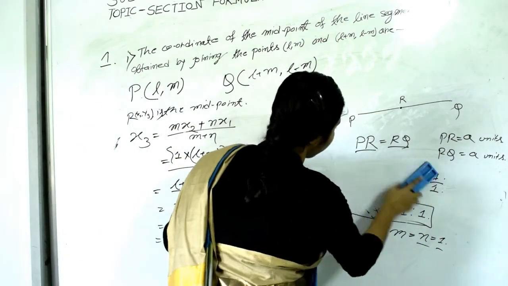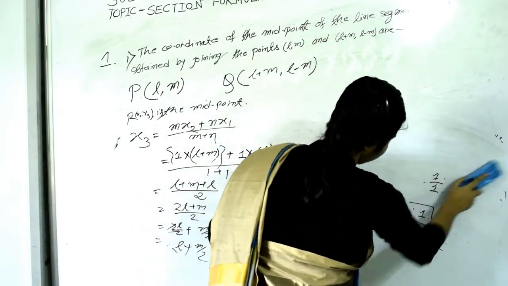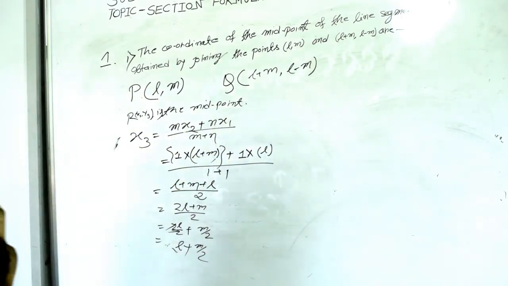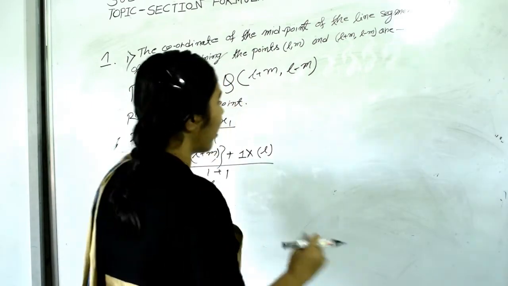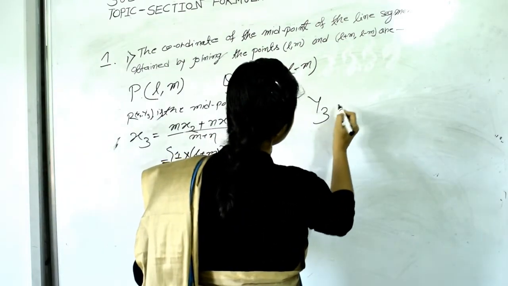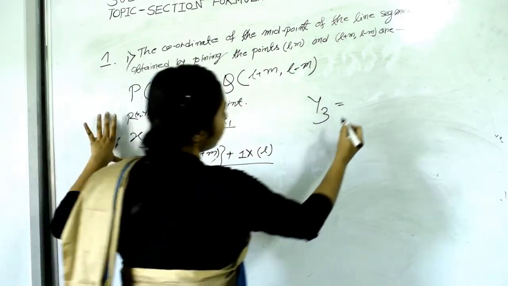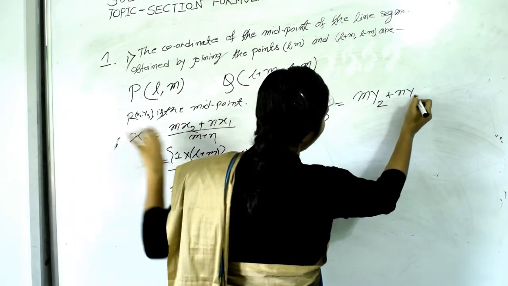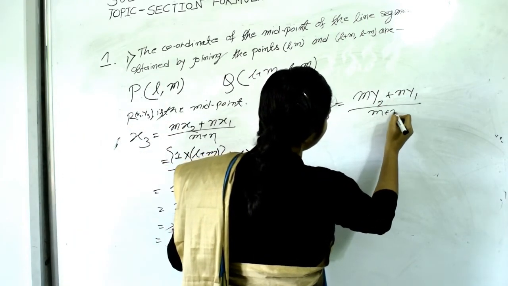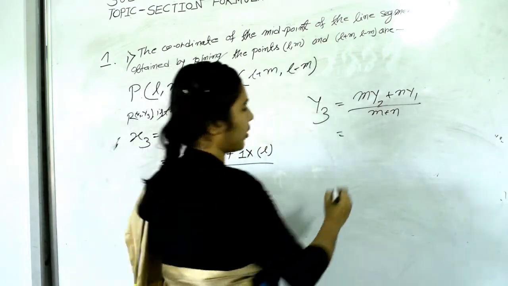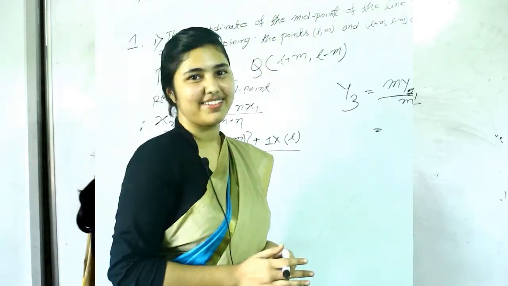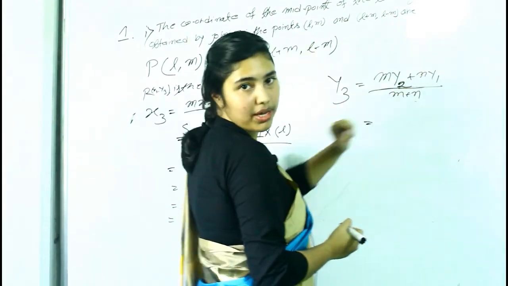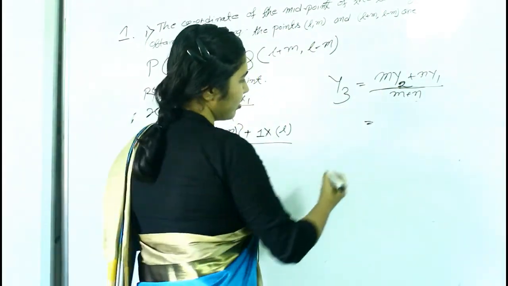Next we have to calculate the value of y3, which is the ordinate of the point R. So again y3 equals to M y2 plus N y1 by M plus N. Again value of M 1 into. Okay, so here put the values of M and N, which is 1, right?